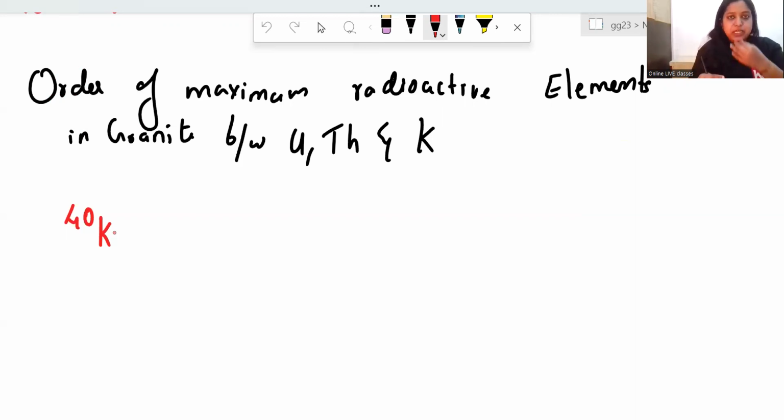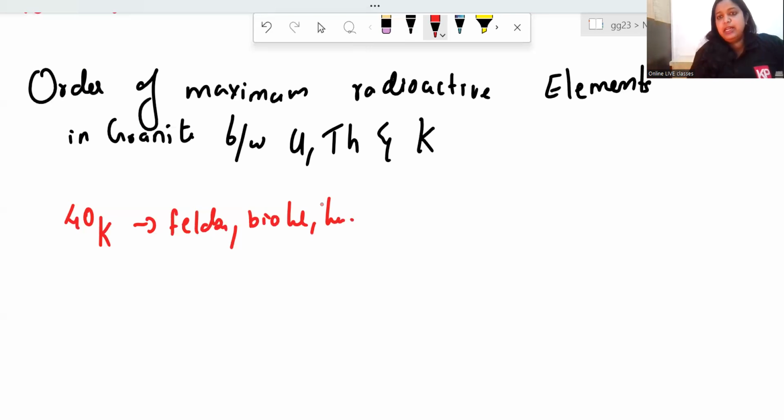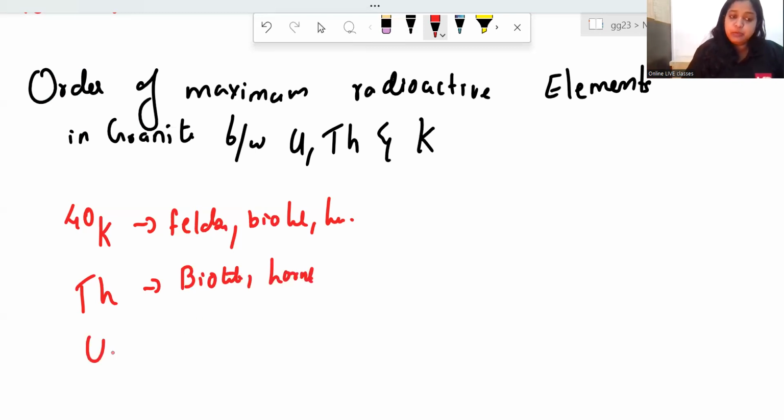Potassium is a major element in feldspar, so when you compare potassium, thorium, and uranium, potassium content is much higher in granite. 40K is mainly present in feldspar, and biotite and hornblende also contain 40K. Thorium and uranium are present in biotite and hornblende minerals in granite.